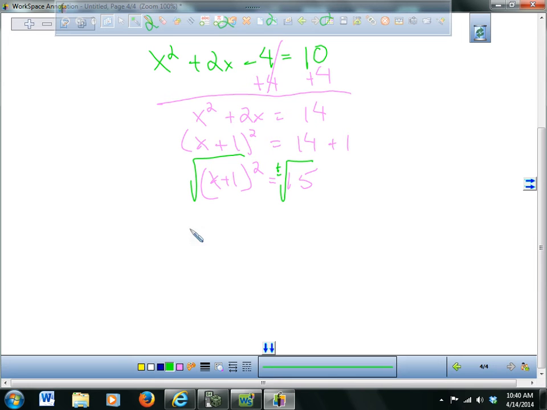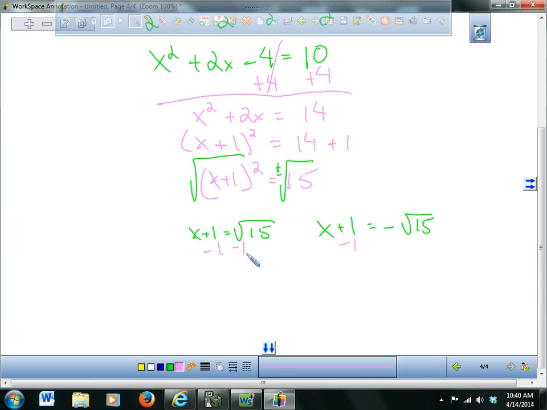Okay? So you have x plus 1 equals positive square root of 15, or x plus 1 equals negative square root of 15. I am going to subtract 1 from both sides. Subtract 1, subtract 1.